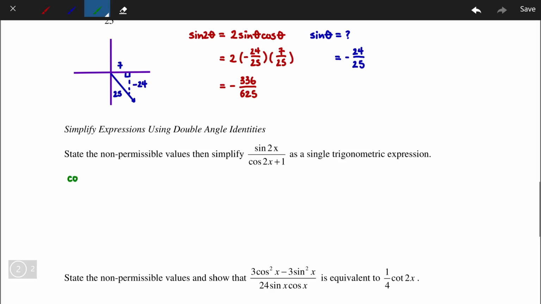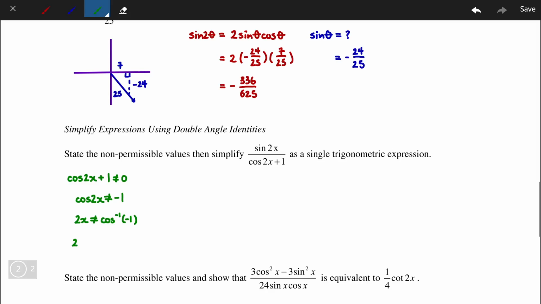So we have cosine 2x plus 1 cannot be 0. That means cosine 2x cannot be, of course, negative 1. And then that means 2x cannot be equal to the arc cosine of negative 1.